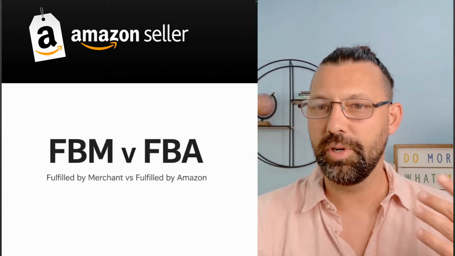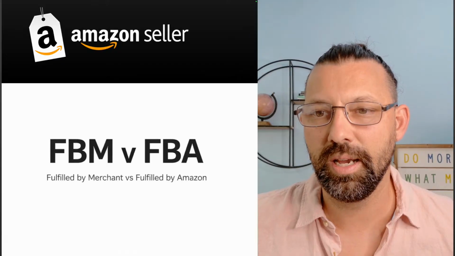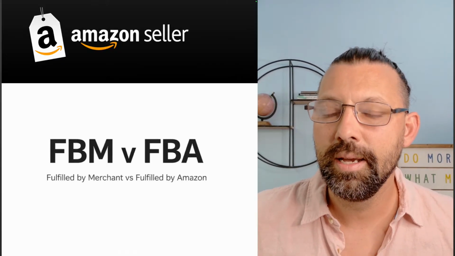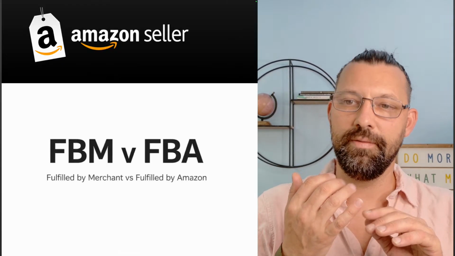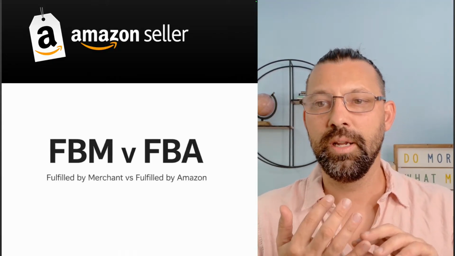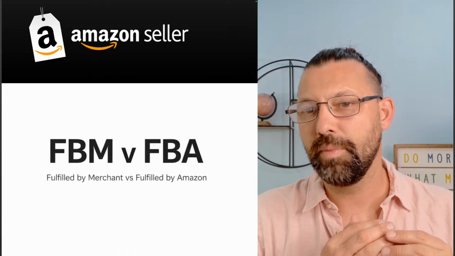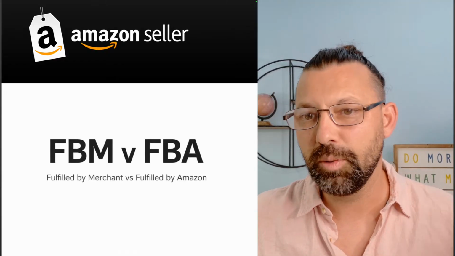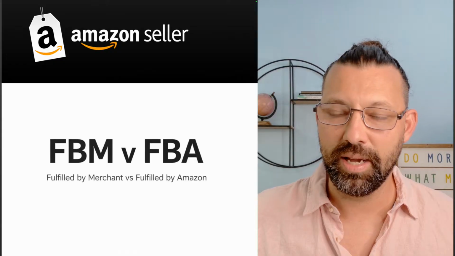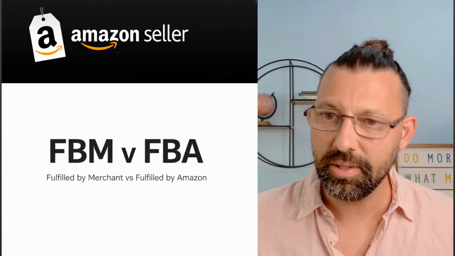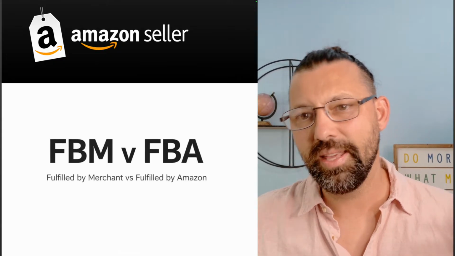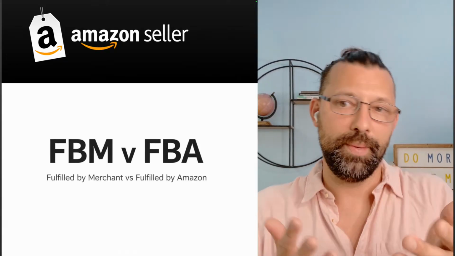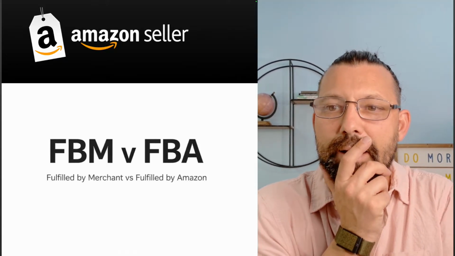You help process returns and do customer service if there's issues with the product. This works really well if you have a very high margin, low volume kind of product, or if you're just starting out and you're not selling that many that frequently and don't want to pay some of the Amazon warehouse and shipping fees.